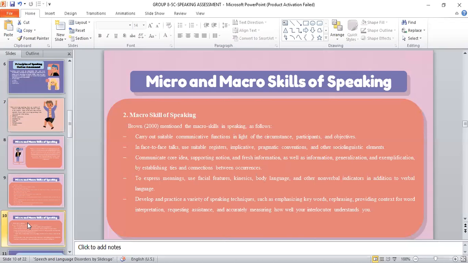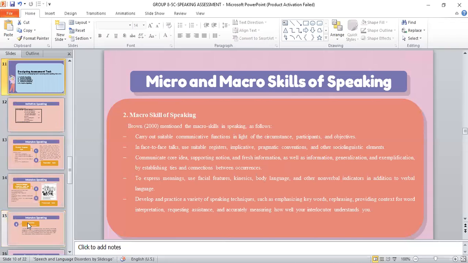And lastly, to develop and practice a variety of speaking strategies, such as emphasizing keywords, rephrasing to provide context for interpretation, requesting assistance, and accurately measuring how well your interlocutors understand you.